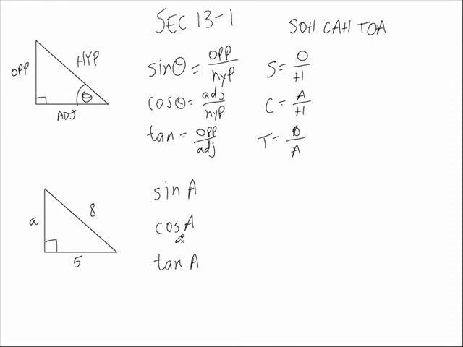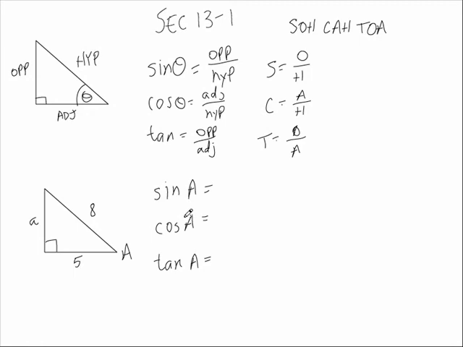They're just asking you to find the sine, cosine, and tangent. We'll call this angle A since that's little a right there. We're not trying to solve for A, we're just trying to solve for the sine of A.